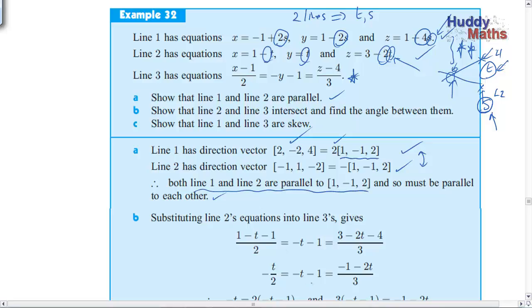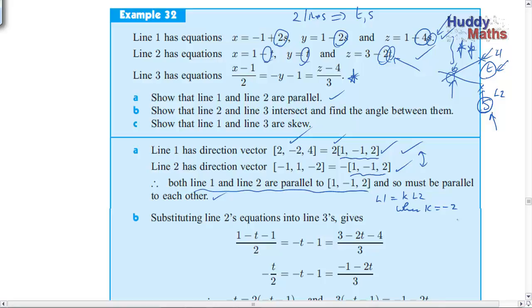I think I would prefer to say that line 1 is k lots of line 2, where k is what? What do you multiply line 2 by to get this one? It's neg 2, isn't it? Okay, so where k equals neg 2.